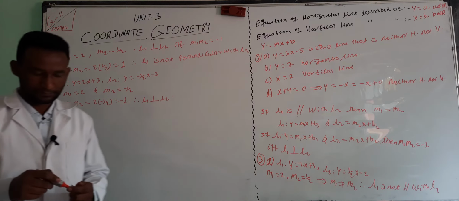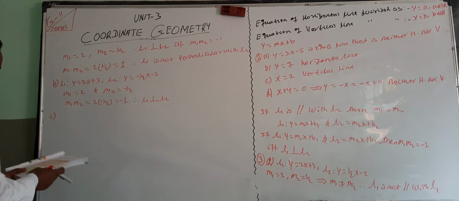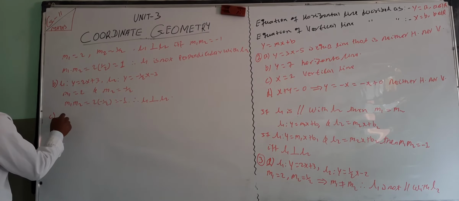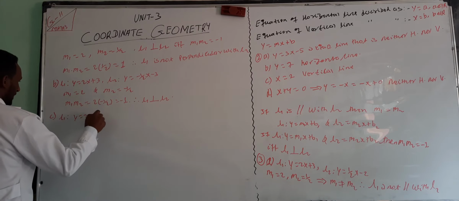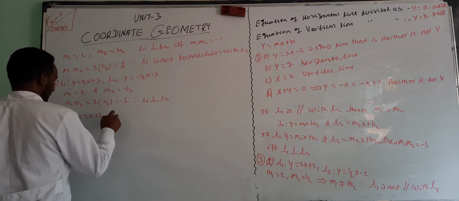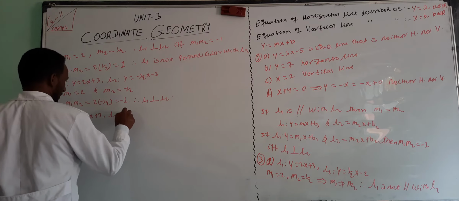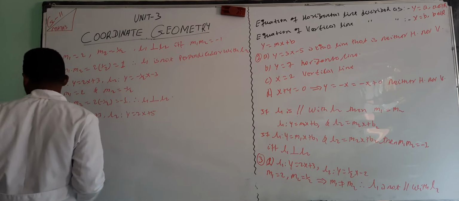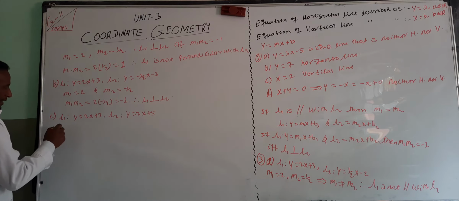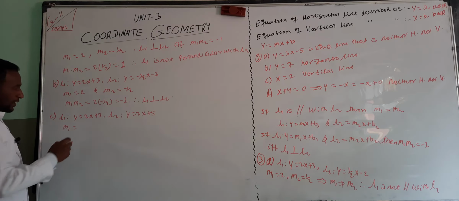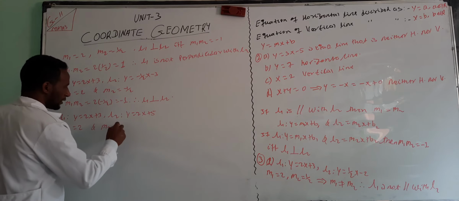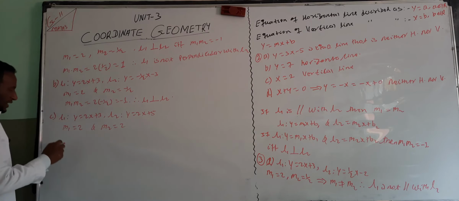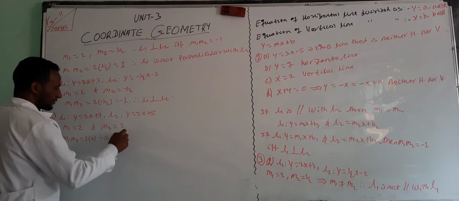C. L1 is described by y is equal to 2x plus 3. L2 is described by y is equal to 2x plus 5. Then m1, the slope of line 1, is equal to 2 and the slope of L2, m2, is equal to 2. Then m1 times m2 is equal to 2 times 2, which is equal to 4, which is different from -1.